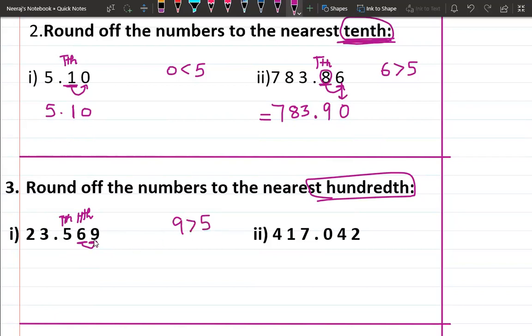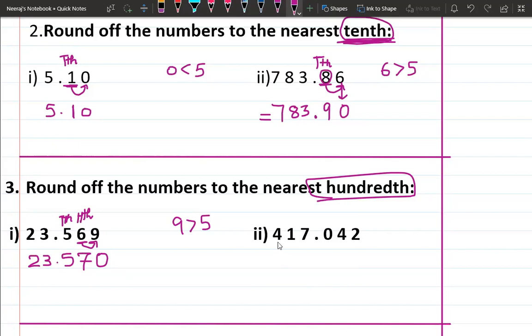So what will 9 do? It will start pushing the digit 6, and 6 will become 7 because we are rounding that number, and 9 will be replaced with 0. Rest of the digits you have to copy down as they are.